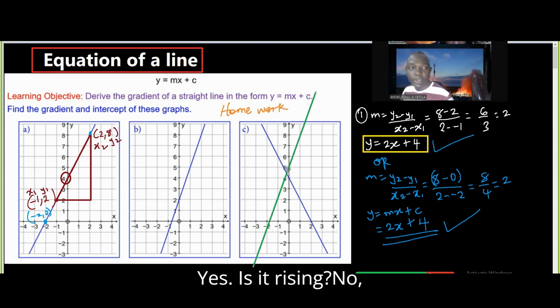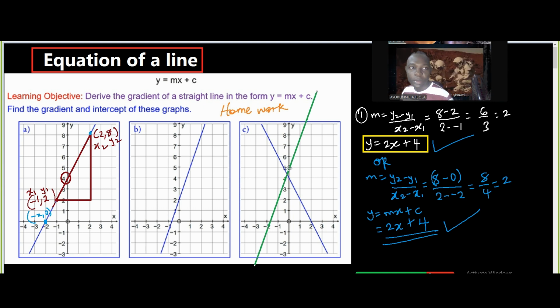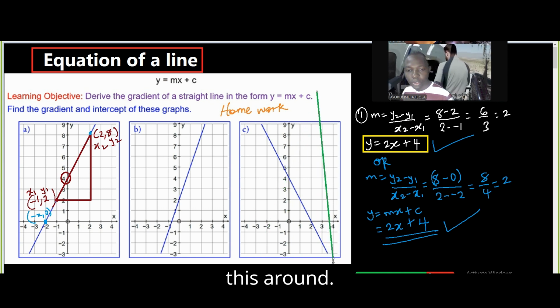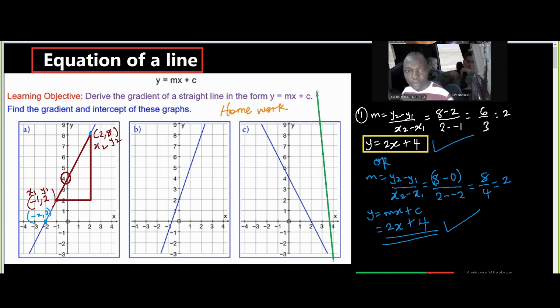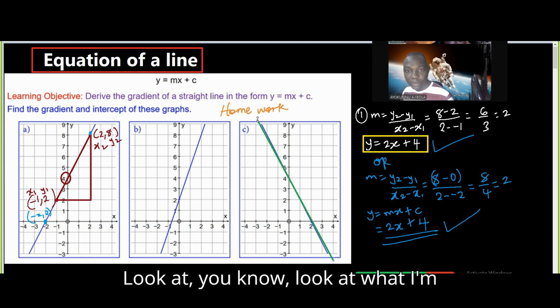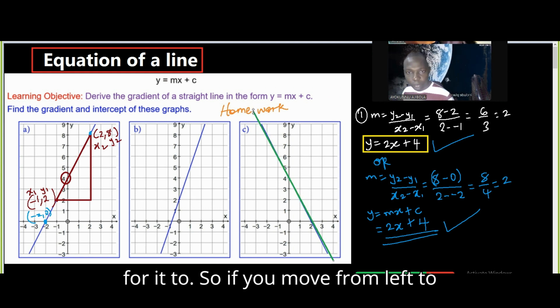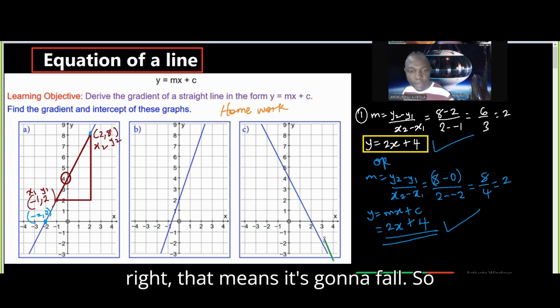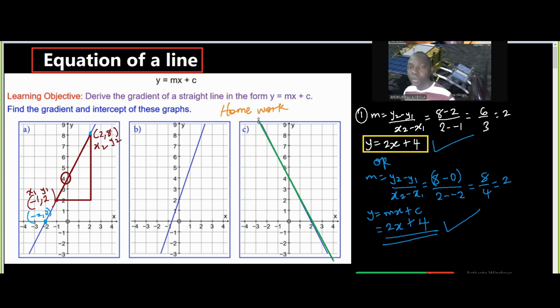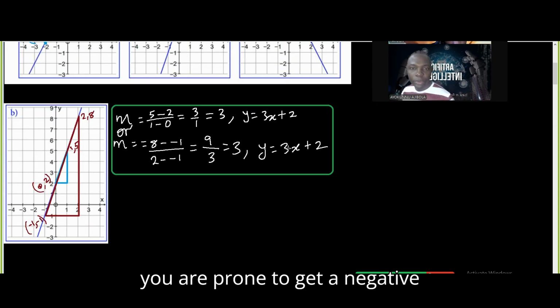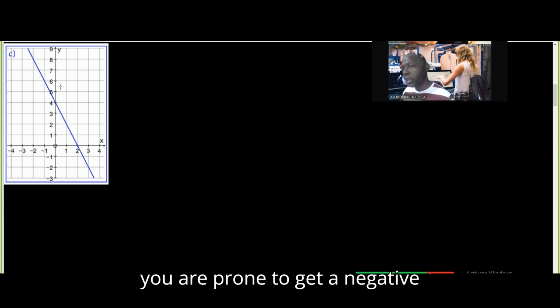No. Aha, it's falling, because you have to turn this around. You're not looking at what I'm showing you. So if you move from left to right, it's going to fall. So you do it the same way, but you are prone to get a negative answer.